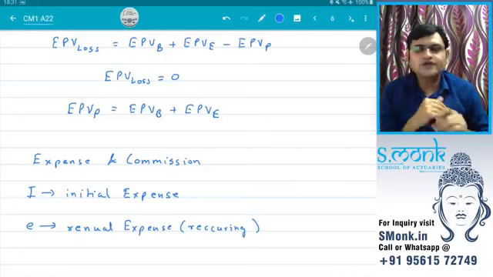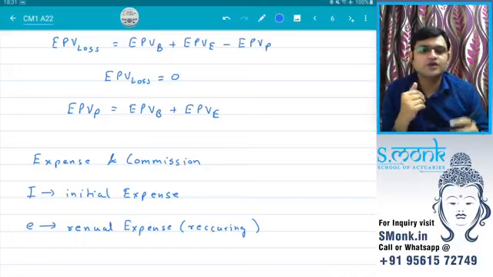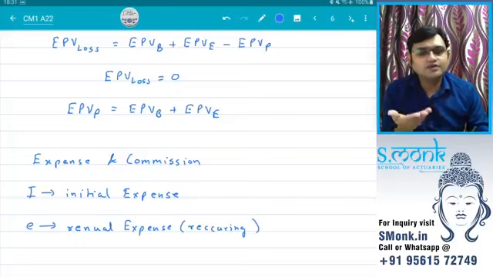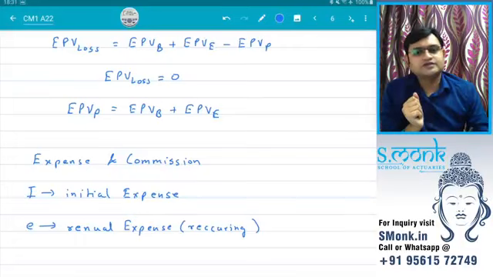Usually every time you are renewing your policy, that means whenever you are paying the premium, second premium, third premium, fourth premium, at that time the company might have to take some expenses into account.